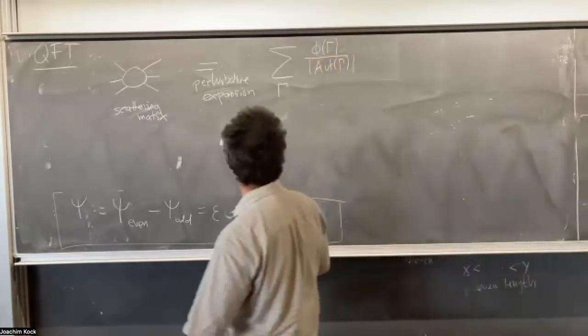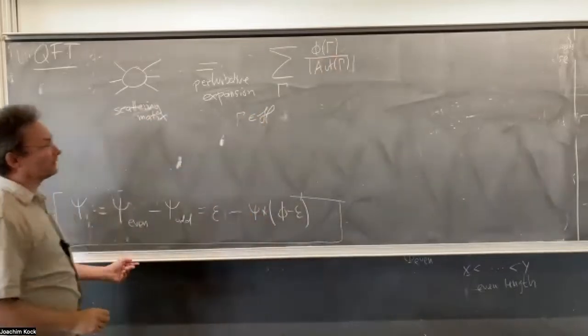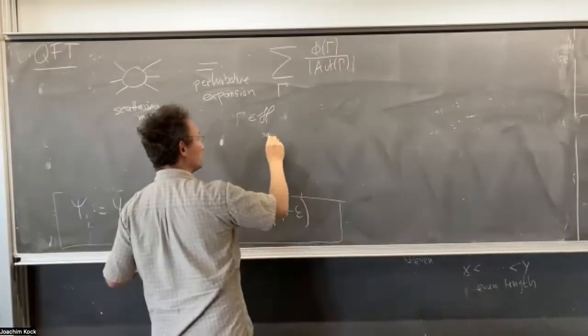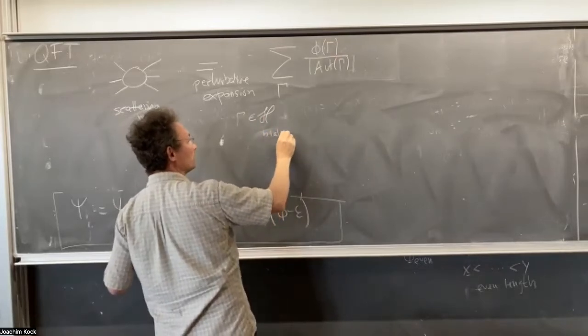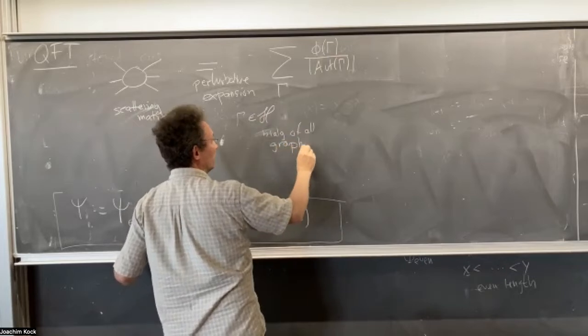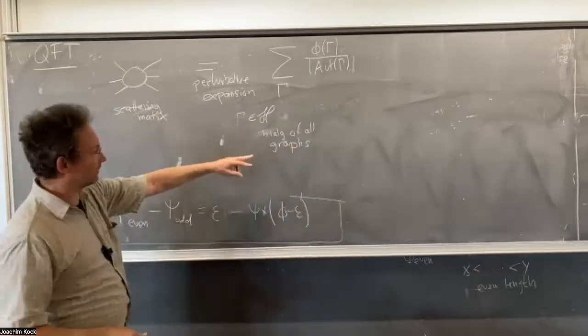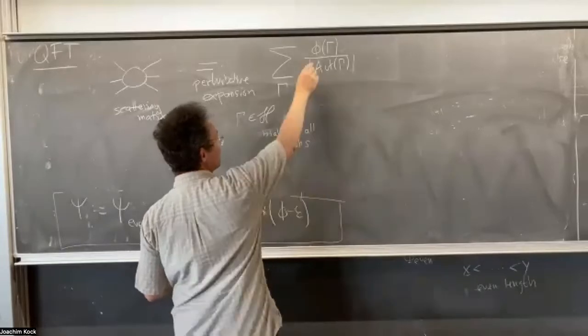So gamma belongs to the set of all graphs. Here you write set. In a moment it will be a bialgebra, but I would have to be a little bit more careful what I mean by all graphs, but it's a certain family of graphs.